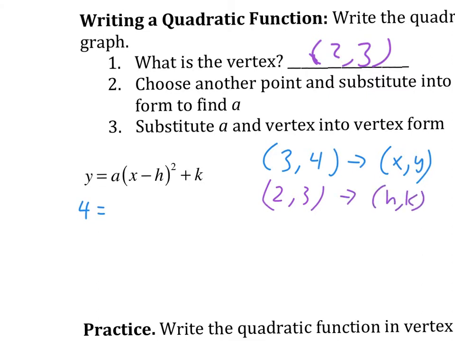Because I already know my h, k, and I'm temporarily going to say, well, if 3, 4 is a solution, let me plug it in and see what I get. All right, so there's my 3. I do not know what A is yet. Here's my 3 minus my 2 squared, and plus finally my k, which is 3.